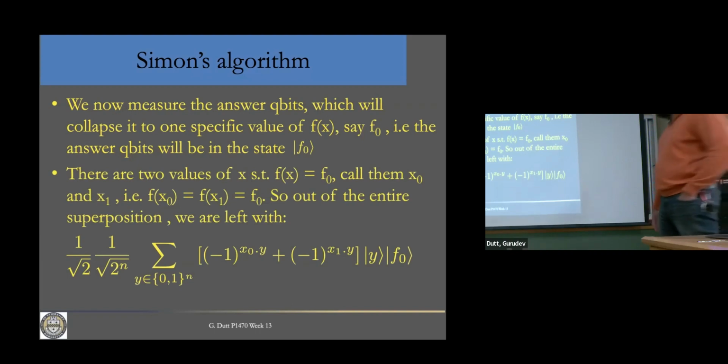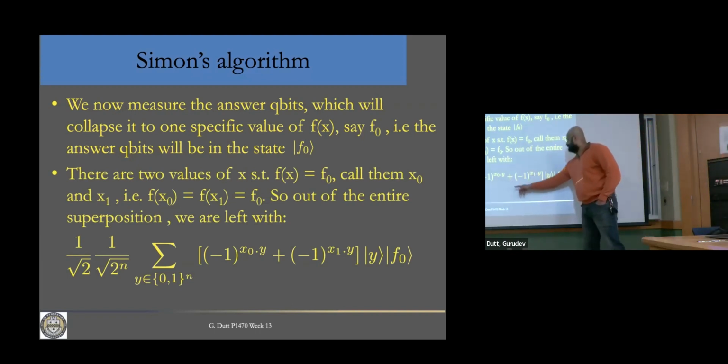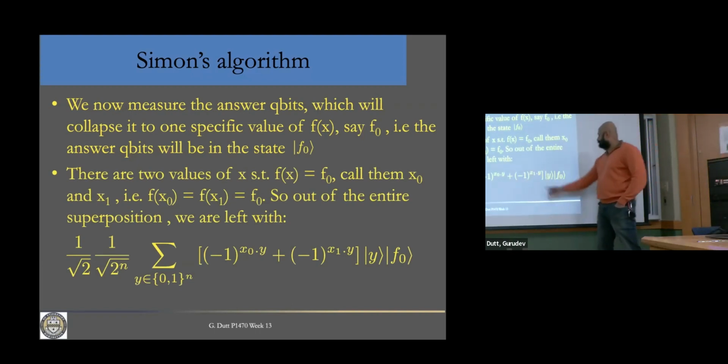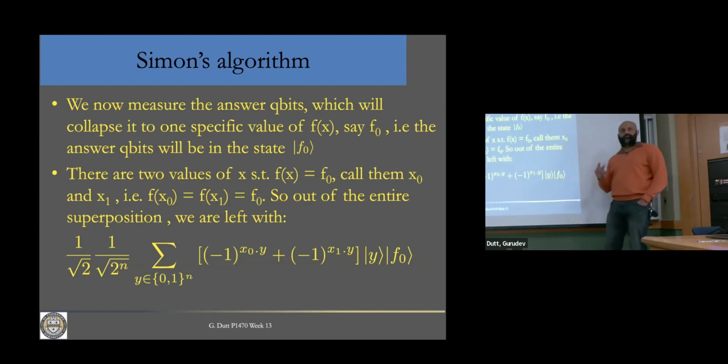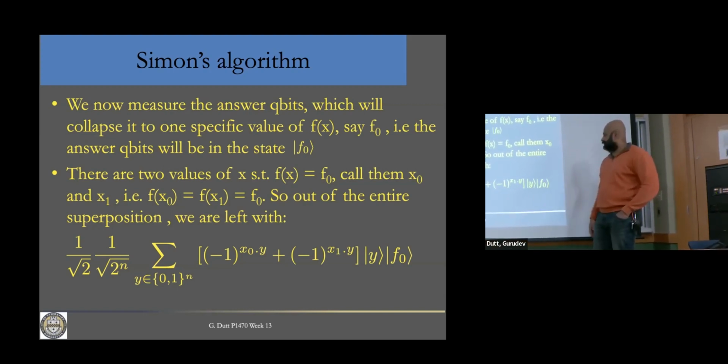And so that is this over here, -1 to the X naught dot Y plus -1 to the X1 dot Y. Those are the 2 possible values of X that can give me the same answer F naught on the ancilla qubits.